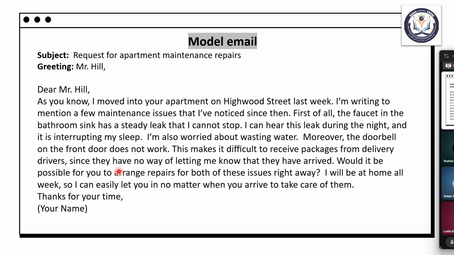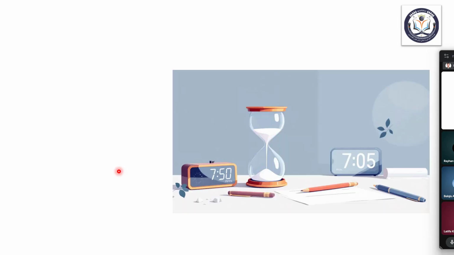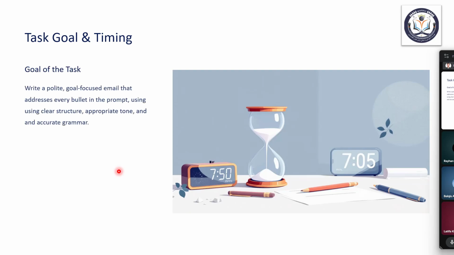Now let's dive into the other important parts. First of all, the task goal, what it really wants us to do, and how much time do we have to write. The goal for an email task on the TOEFL iBT test is to write a polite, goal-focused email. Look, it says polite. It means the tone we use to write our email is a significant part of it.